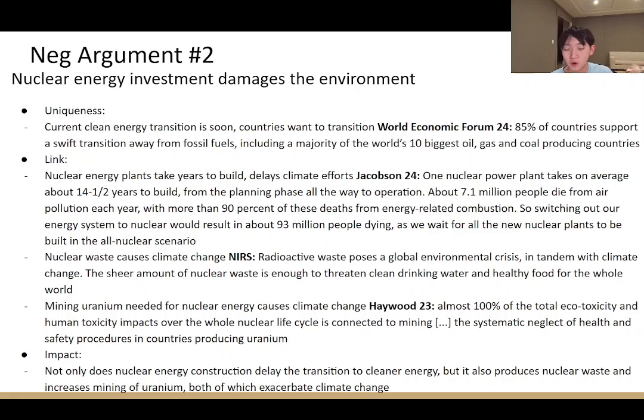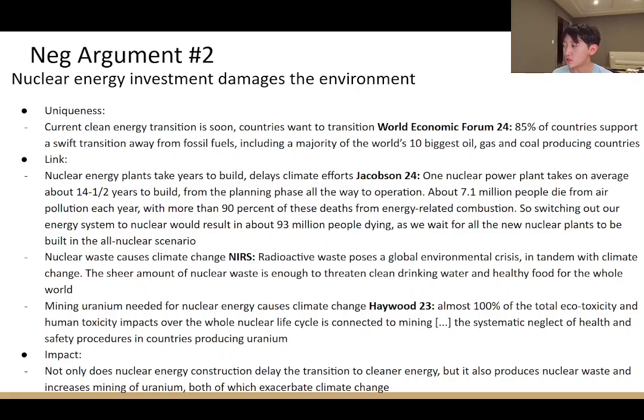So you could make the argument that although the process of nuclear energy itself is beneficial, the materials that are needed to create the energy are really bad and probably worse than the actual benefits that it produces.